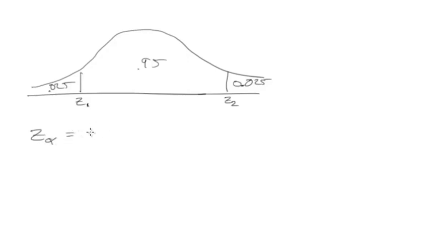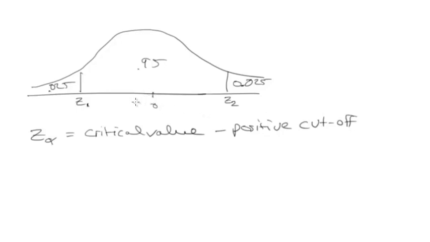That is the Greek letter alpha. This thing is the critical value, and it's the positive of the two. Remember here that the middle is 0, so all of these are negative, all of these are positive. That means this guy is going to be the positive critical value, because this guy here is exactly the same value as this guy, except negative because of symmetry.